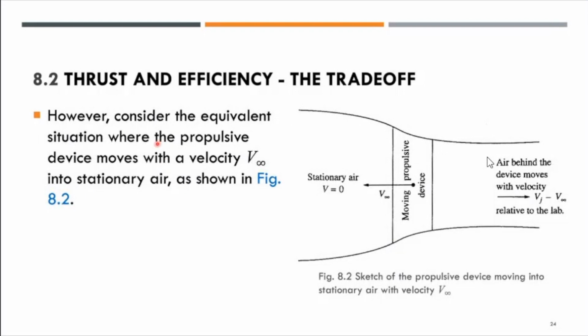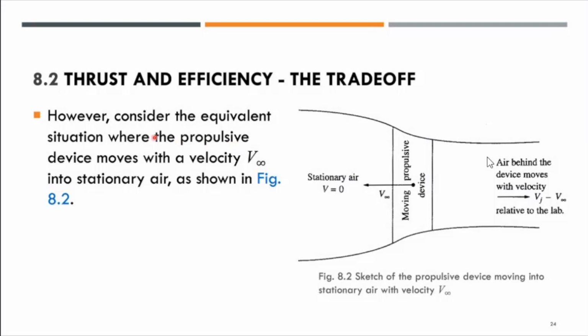However, consider the equivalent situation where the propulsive device is moving. Earlier, it was stationary, with air coming into the engine as free stream and coming out from the nozzle as vj.